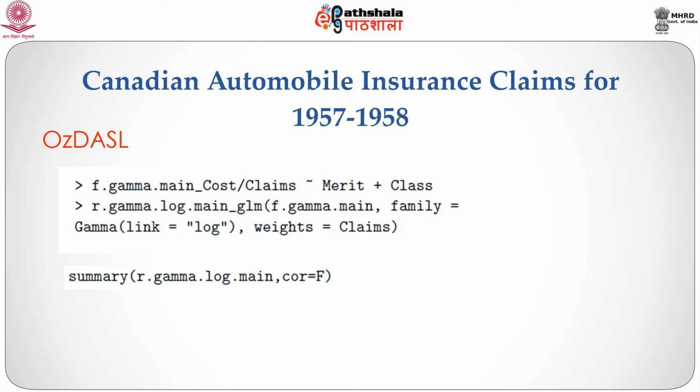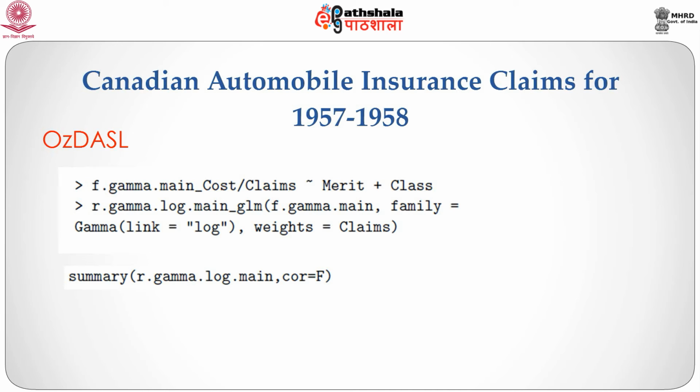The variables included in the data set are merit, which measures the number of years since the last claim on the policy; class, a collation of age, sex, use and marital status; insured and premium. Insured is the earned car years, premium is earned premium in thousands; claims, the number of claims, as well as the cost, which is the total cost of the claims in $1,000.